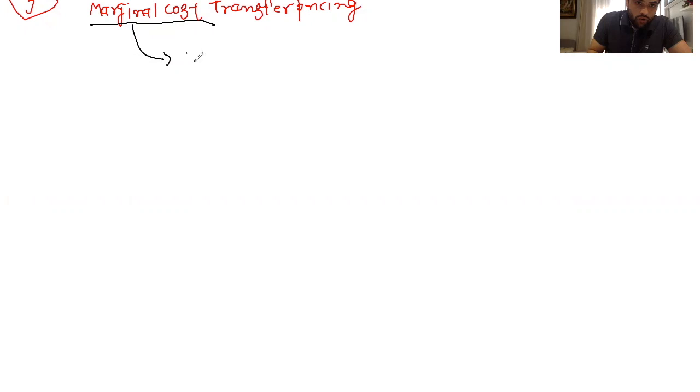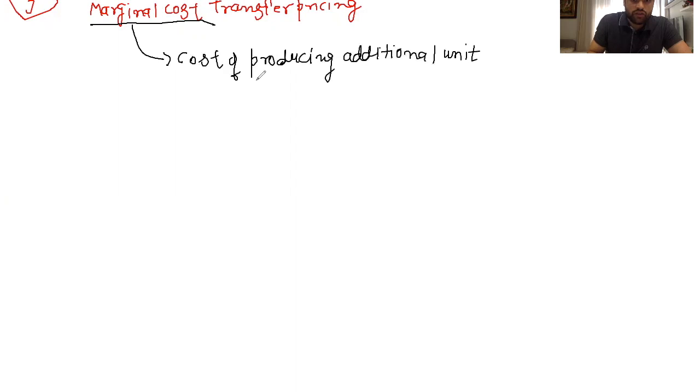So cost of producing additional units, also called marginal costing, right?